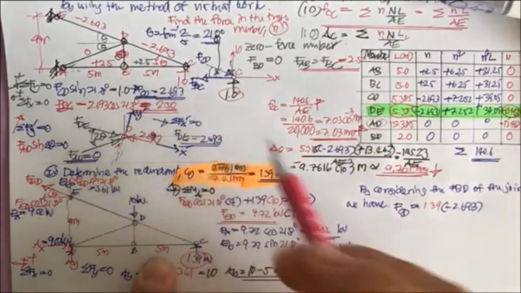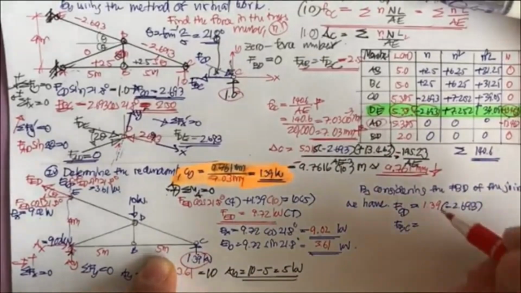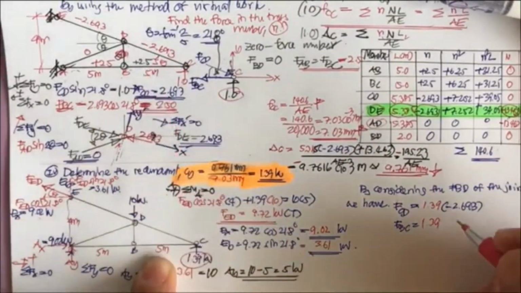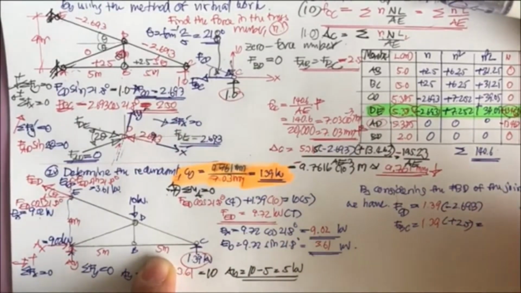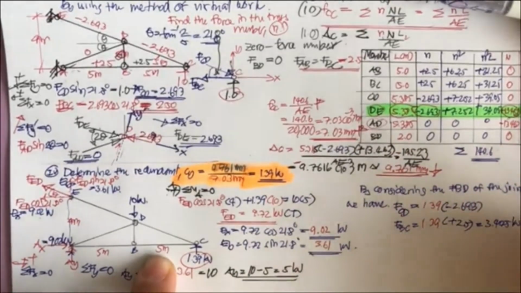And also F sub BC equal to 1.39 times plus 2.5. So you got F sub BC of 3.475 kilonewton, and it's going to be in tension.